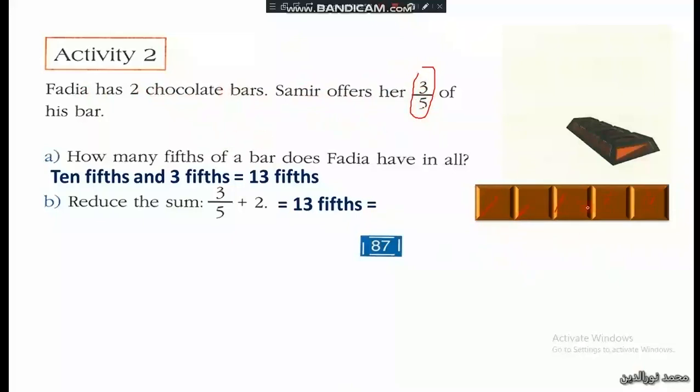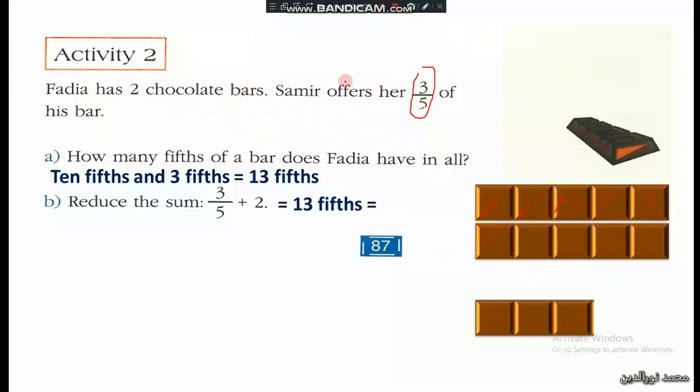Each chocolate bar is made of 5 parts. So Fadia has 2 bars and Samir offers her 1 2 3 out of 5. Of course he ate 2 parts, took 2 parts for himself and gave Fadia 3 parts. It asks me: how many fifths of a bar does Fadia have in all?